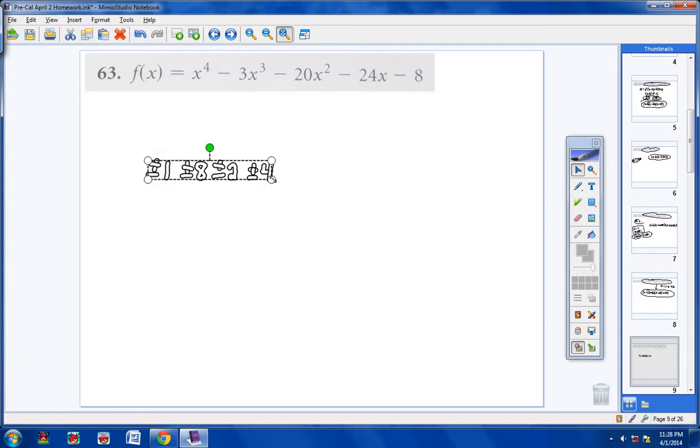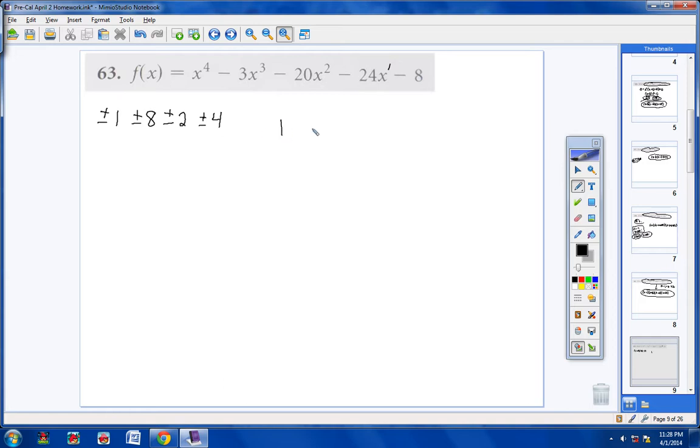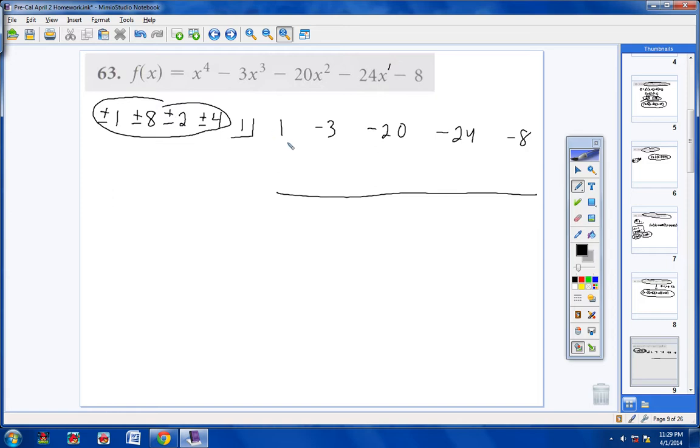Okay? And I'm going to take this list here and test some numbers. It looks like I'm not missing any terms. I have a 4, then a 3, then a 2, then a 1, then a constant term. So my coefficients will be 1, negative 3, negative 20, negative 24, and negative 8. Now, I will start with my 1's first, and I will check a positive 1.